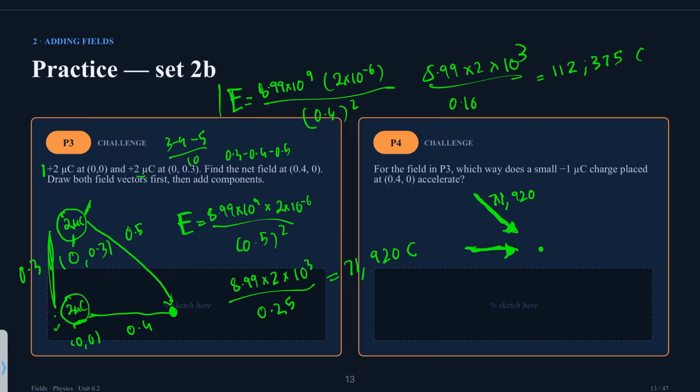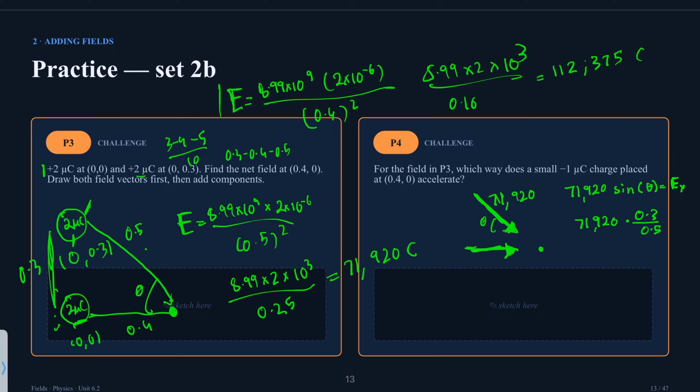Well, we can just take the sine and cosine here. So this is theta, we can assume. 71,920 times sine of theta for its y component, right? Sine of theta, if you look at theta as over here, that's opposite over hypotenuse, right? So that's times 0.3 over 0.5.